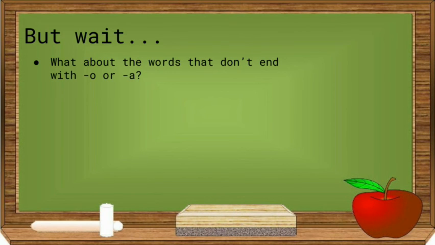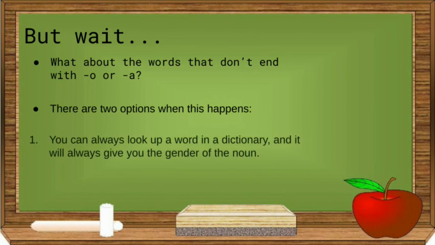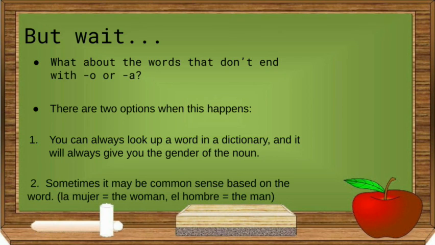Well, there's two ways you can figure out the gender of a noun if it doesn't end with an O or an A. You can always just look up the word in the dictionary. There's nothing wrong with that. And you can look for what it tells you the definite article is, if it's el or la. The other thing you can do is common sense.